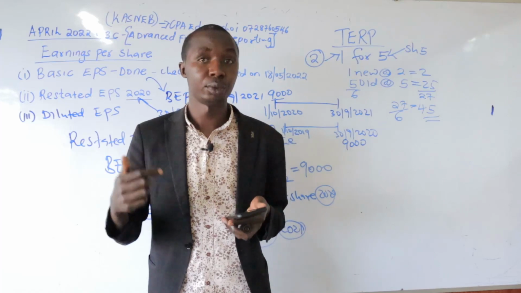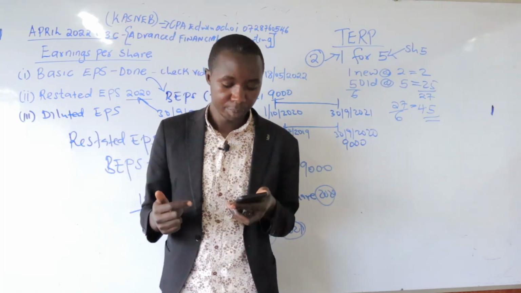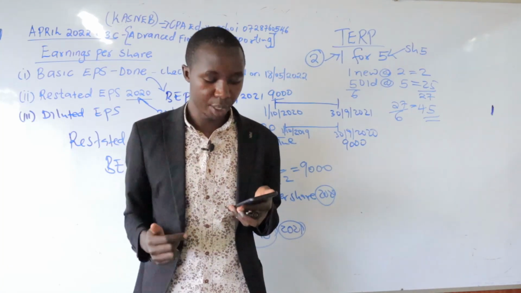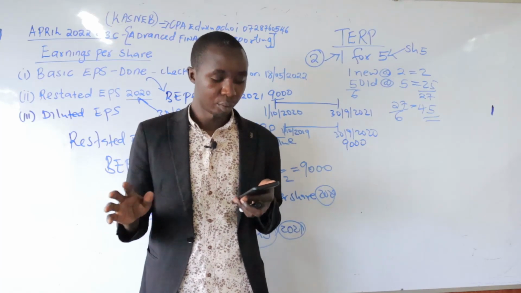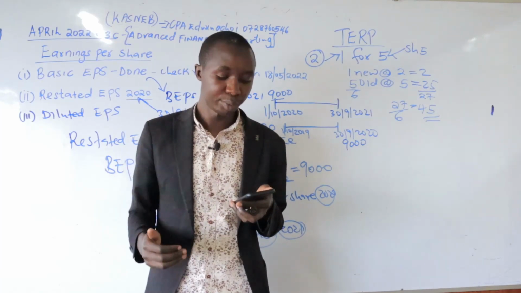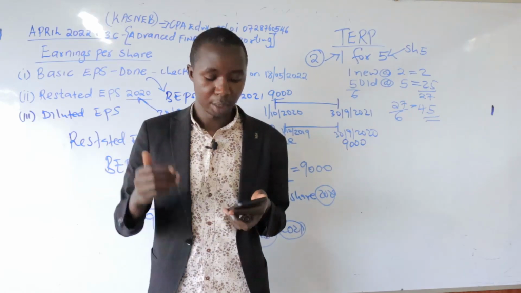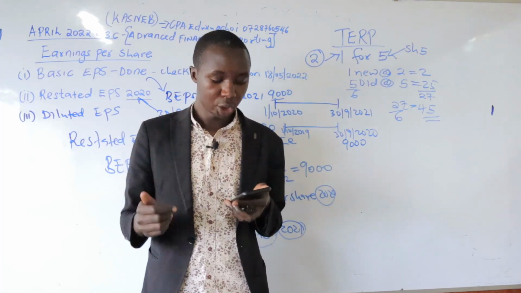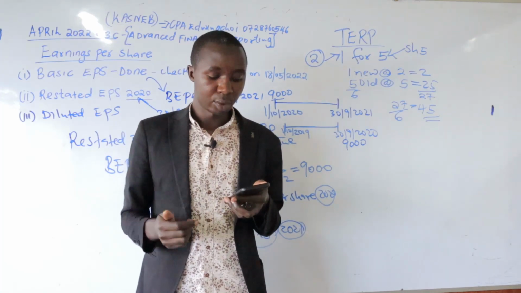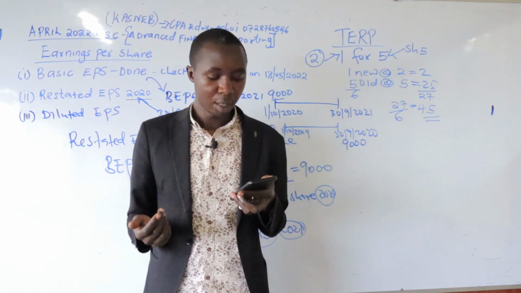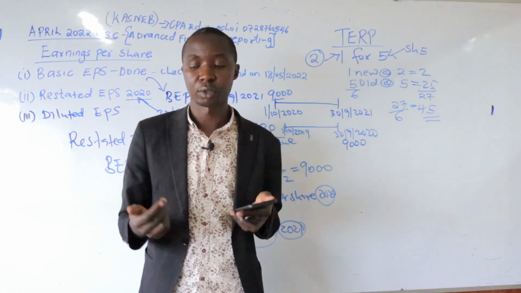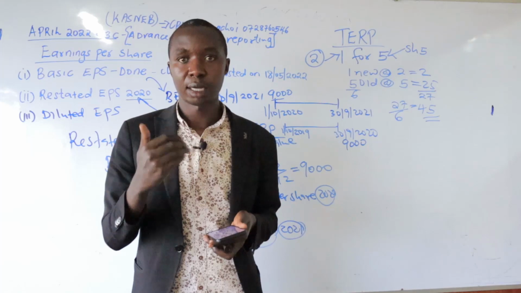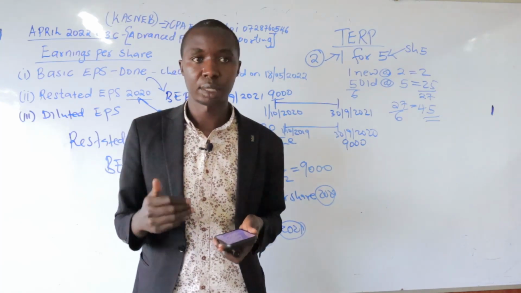There is no saving made to the earnings, and therefore the adjustments are only made to the WANOS, the weighted average number of ordinary shares, by adding the bonus shares. Where relevant, you have to prorate on the basis of time. So let us start with that first aspect, stock options.